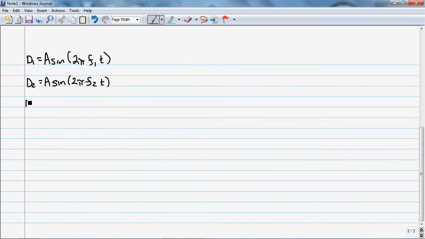Now our total wave is just the addition of the two, and I can distribute the a out for the amplitude, and I will get sine of 2 pi frequency 1 times t plus sine of 2 pi frequency 2 times t.